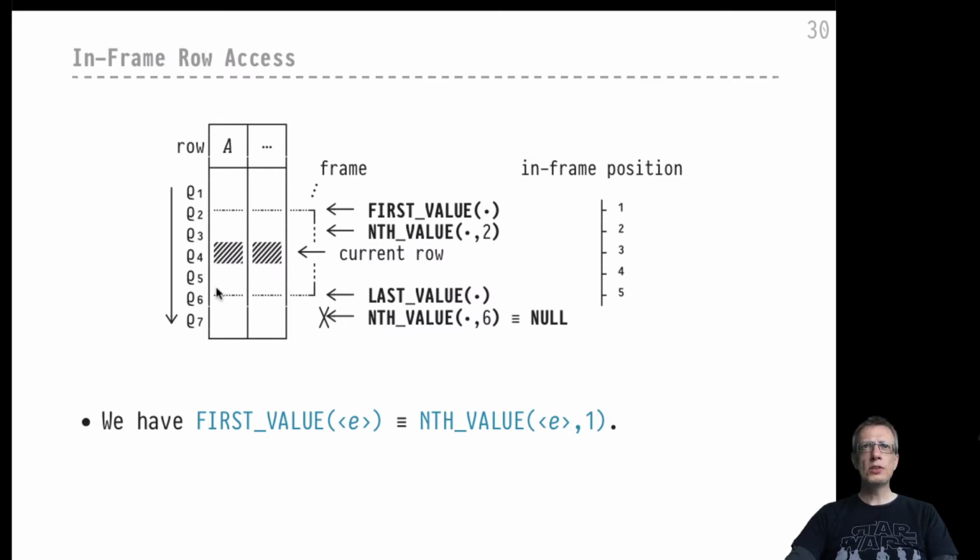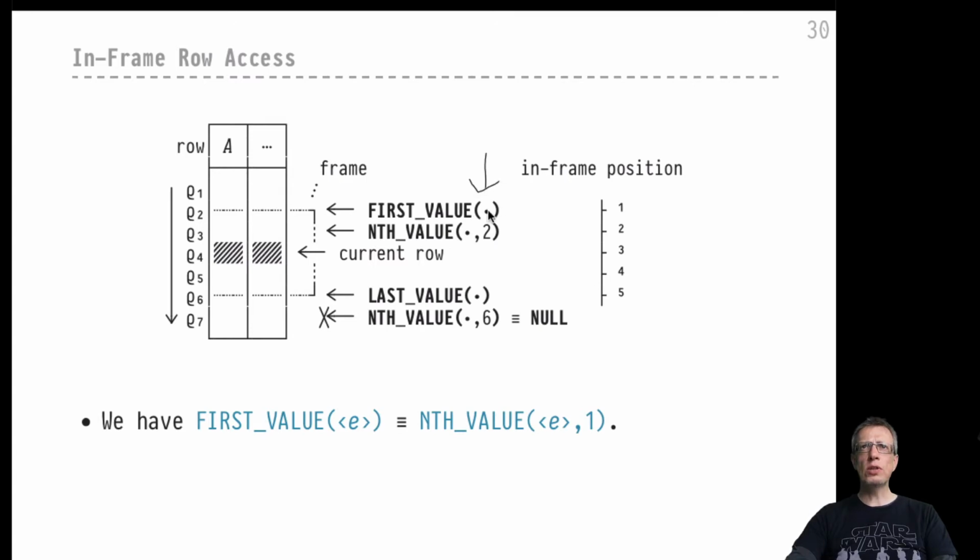Okay, so let's assume that this is indeed the frame around the current row. It's a 5-row frame. Okay, in that frame, thanks to the well-defined ordering on the table, there will be a first row, and with first value, we could evaluate an expression that I've omitted here, just indicated via a dot.